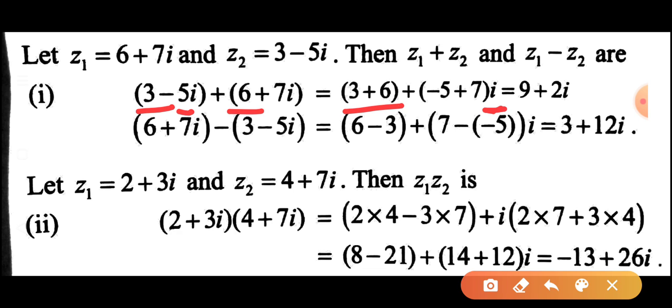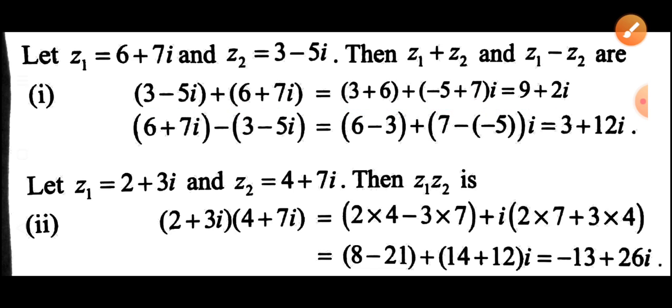This is the imaginary part. Here the second term coefficient of i is 7. Both terms are added. 3 plus 6 is 9. Minus 5 plus 7 equal to 2. So 9 plus 2i. This is z1 plus z2 or z2 plus z1; both are the same. Do you understand?